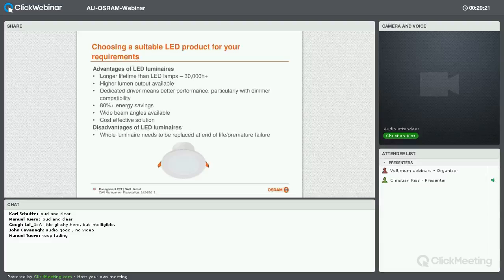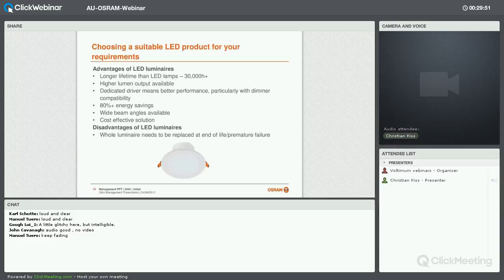So going back to this scenario, I've chosen the option of the two. The advantages of an LED luminaire is obviously the longer lifetime, which I spoke about, which is normally 30,000+ hours. Higher lumen outputs are available in this sort of package, so they're normally in the order of 800 to 1,000+ lumens. Obviously, it depends a bit also on the cutout, but I'm talking about a very common 92 mil cutout for halogen downlights in this case.